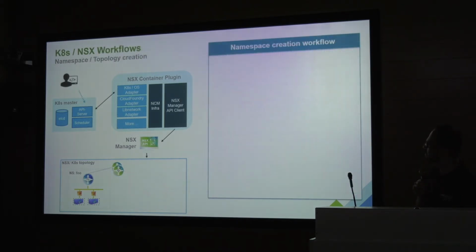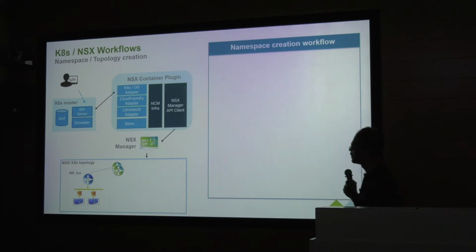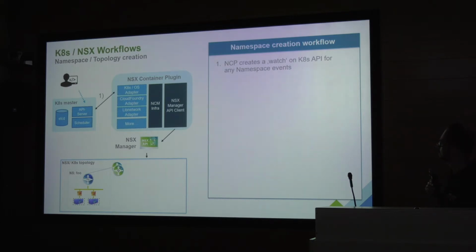Let's see a first task. Let's imagine that we start the creation of a new namespace. We already have one namespace for one tenant, and we have already created some infrastructure router, which is the responsibility of the networking admin. Now we are creating a new namespace. Our plugin watches the Kubernetes API server for events about the creation of a new namespace.